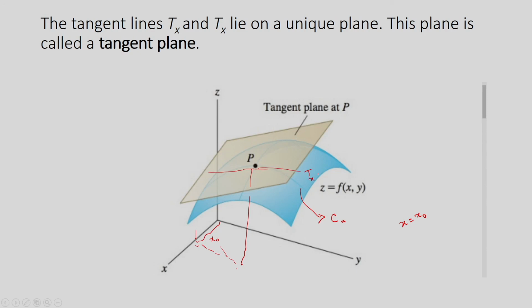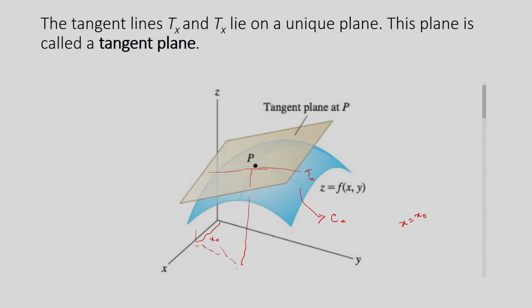Now, like before, slope of this T x will be the partial derivative of this function with respect to y evaluated at x 0 y 0.